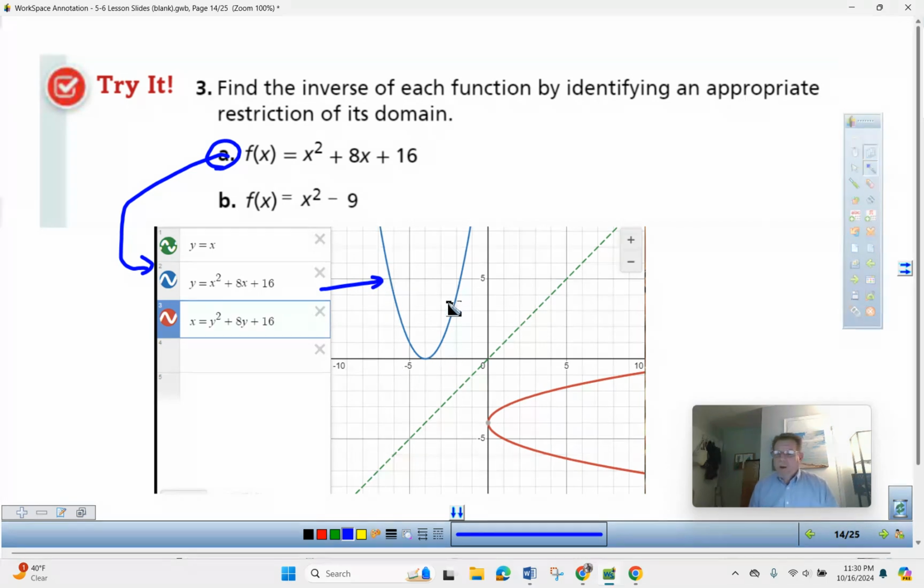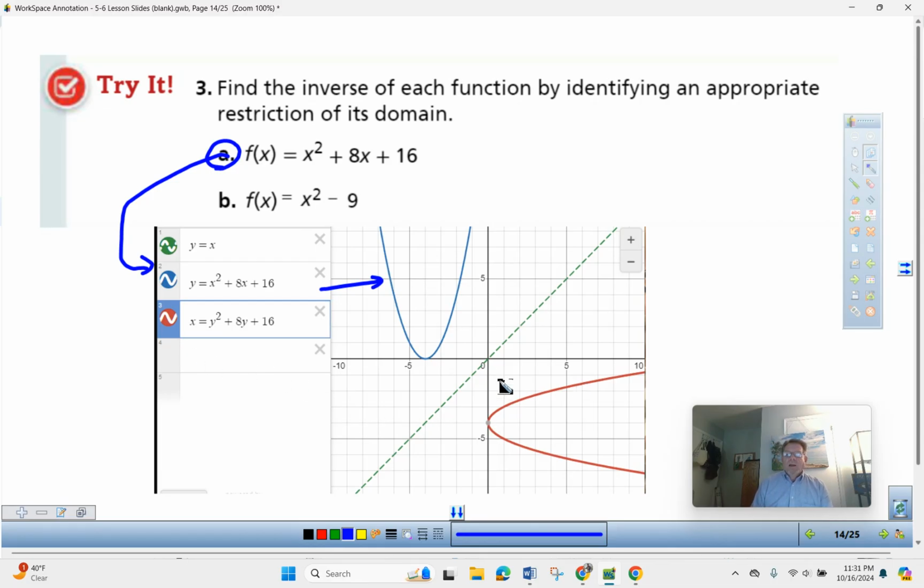It's perfectly fine for a function. But this guy here is the inverse, and that's not going to pass the vertical line test. So the original fails the horizontal line test, which means the inverse will fail the vertical.